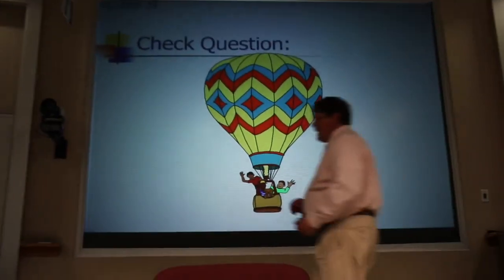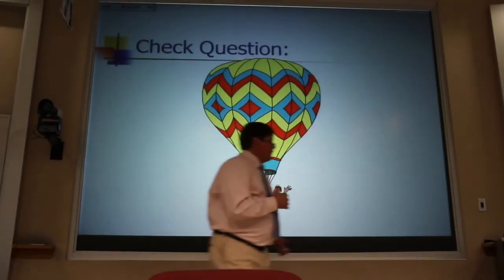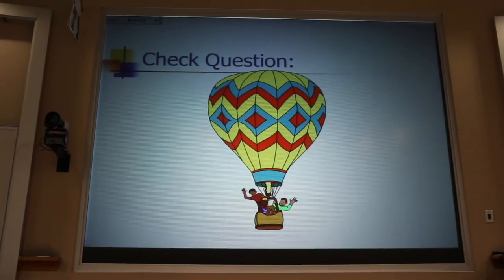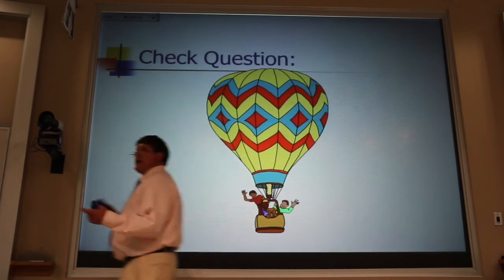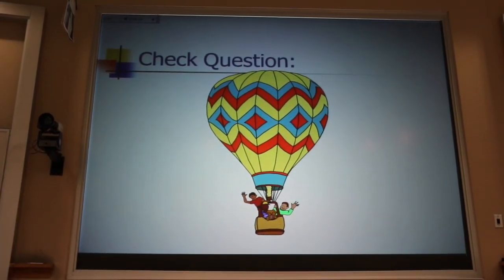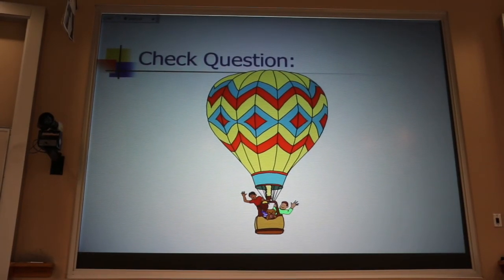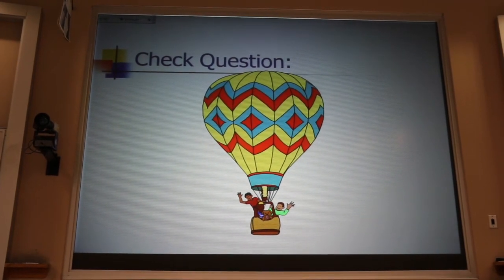Okay, I have a check question for you. It turns out you were listening to the radio and they had a contest. You called in and you had the right answer. You're the winner. The prize is a ride in a hot air balloon over Montana.